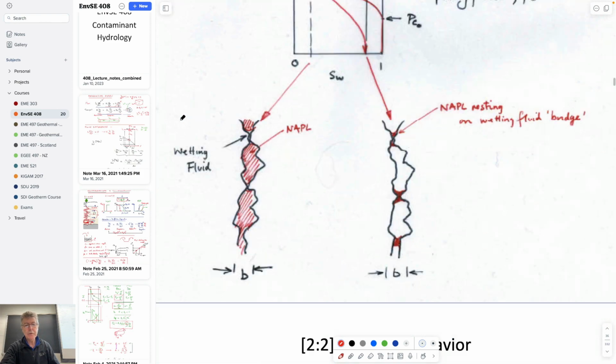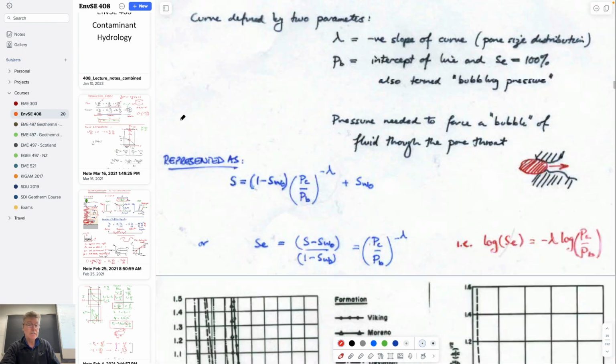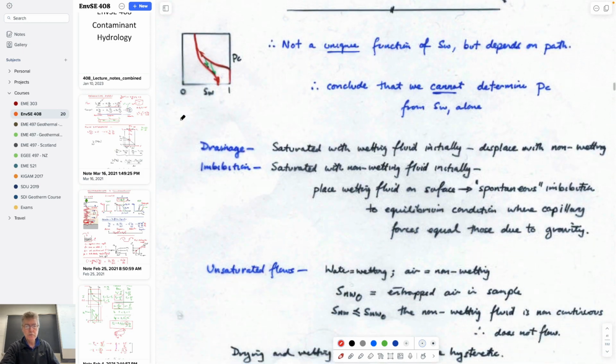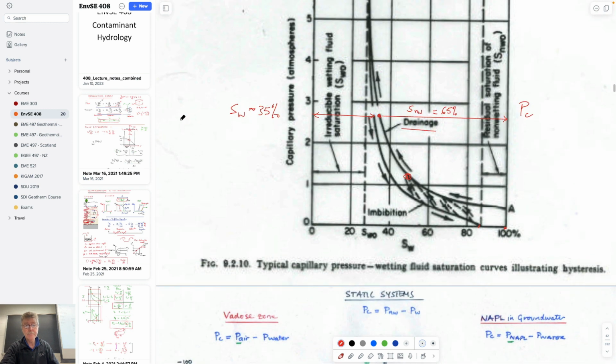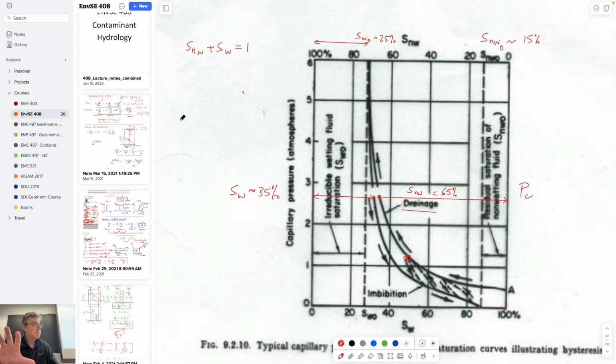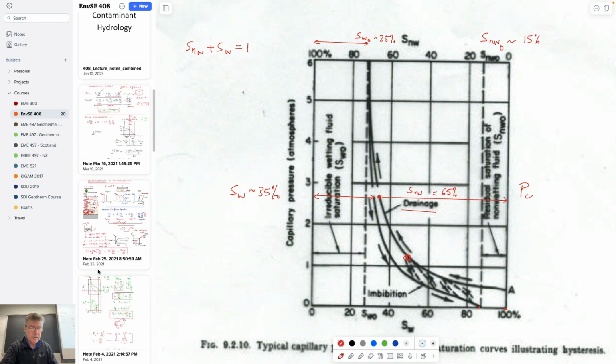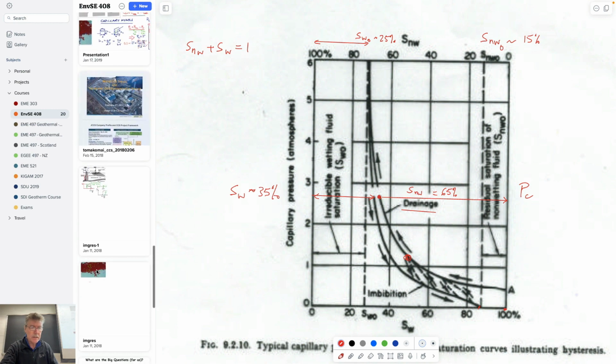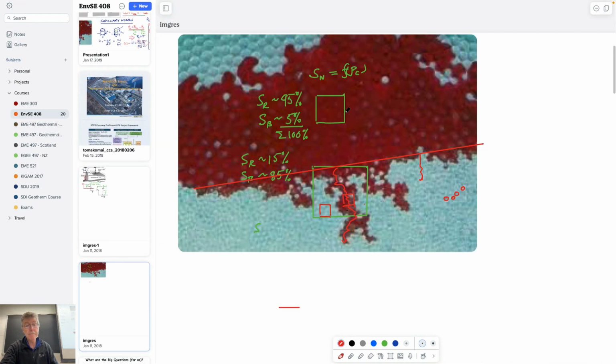And so this better description is given by these capillary pressure versus saturation curves, which we'll use quite a lot in this class. So if you understand the components of that, you're already partway there in terms of understanding everything we need to understand. And of course, the real system for that is a bit like this, which we also looked at, right?